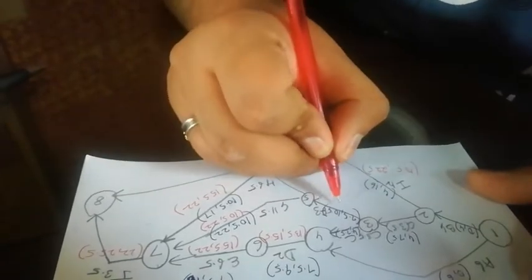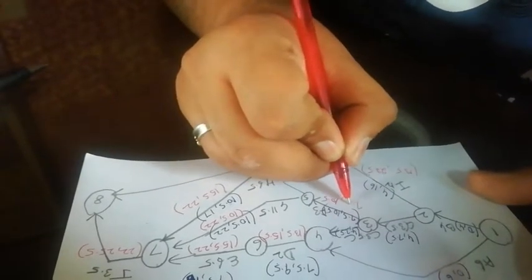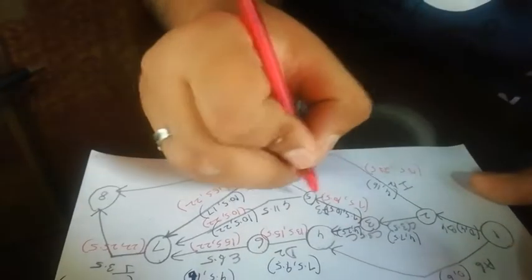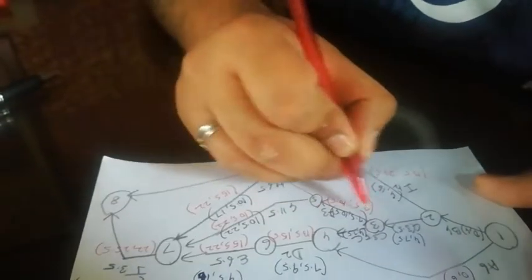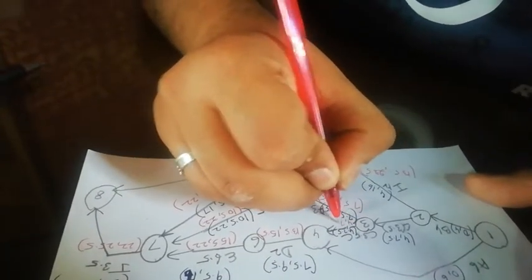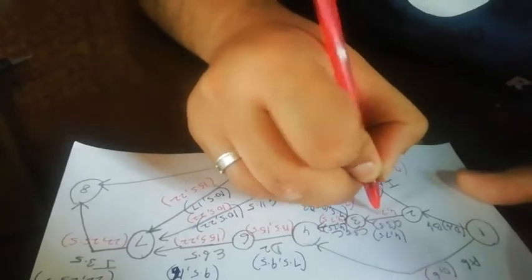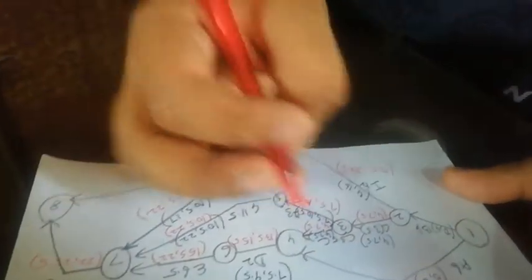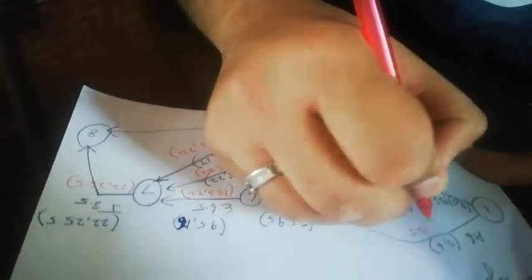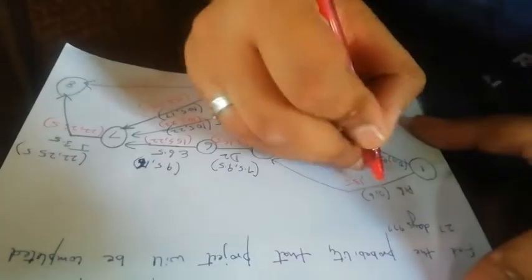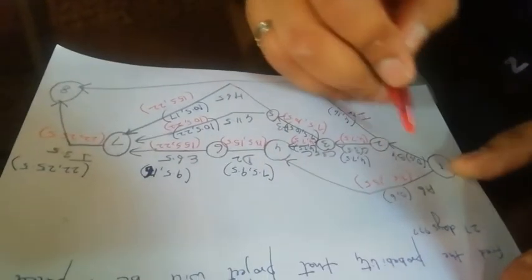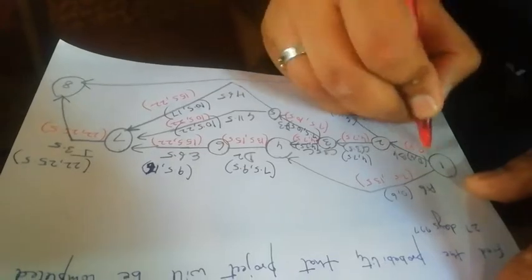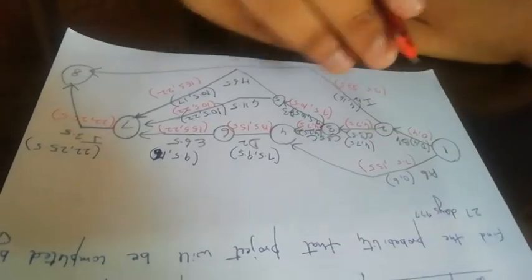For this one, one is 10.5 and one is 15.5, so I have to take the lower one. For C, one is 13.5 and another is 7.5, so we have to take the lower one, 7.5. For A, it is 13.5 minus 6, so it becomes 7.5. Then for this it becomes 0 and 4. So this will be our latest start and latest finish.